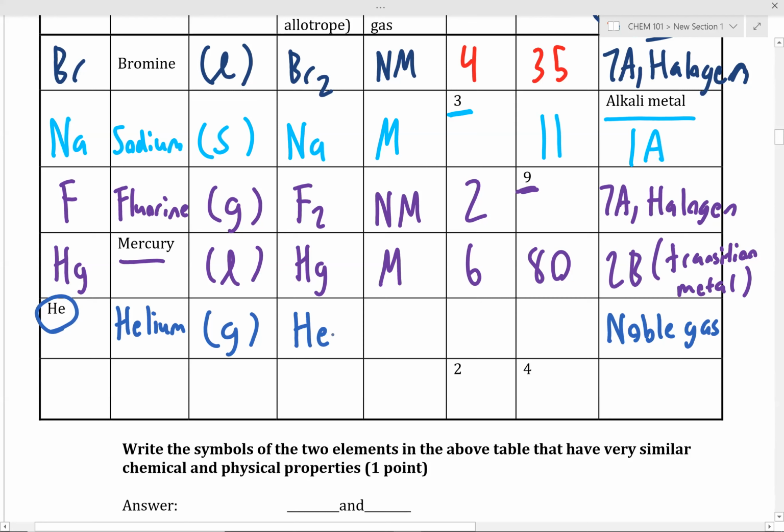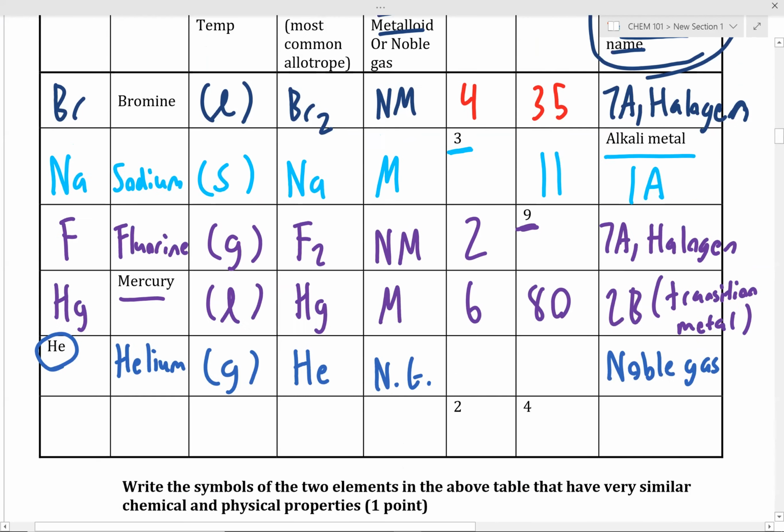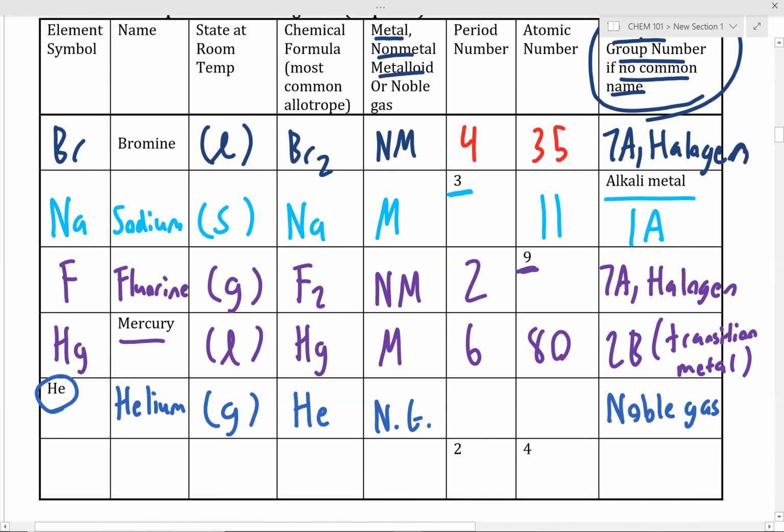And we've already established that helium is a noble gas. It's also technically a non-metal as well. Just to help me out here, what is the period number for helium? 1, yep. And what is the atomic number? 2. Okay, perfect. Any questions so far?